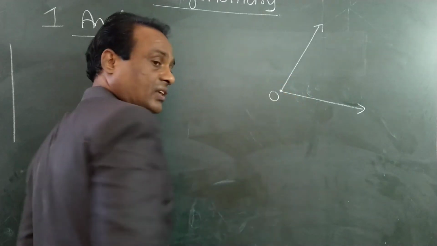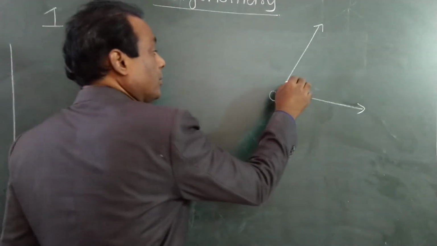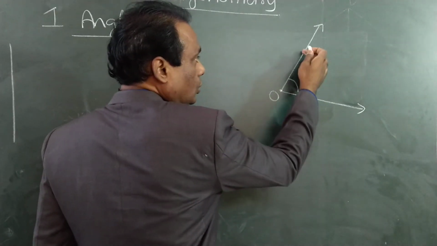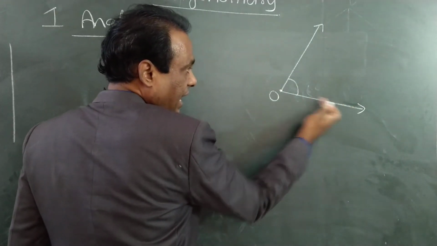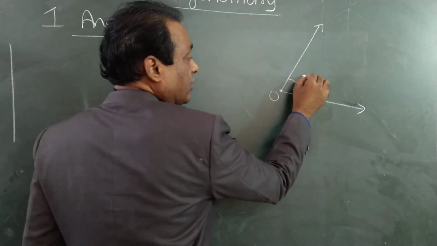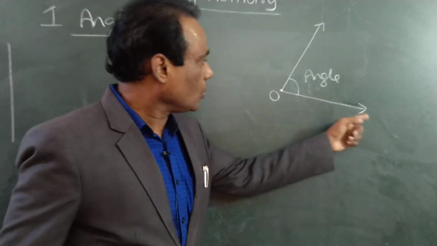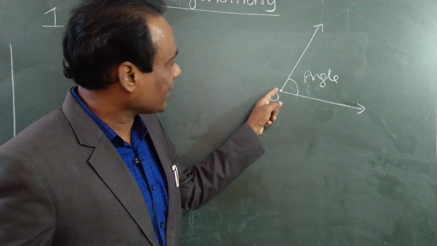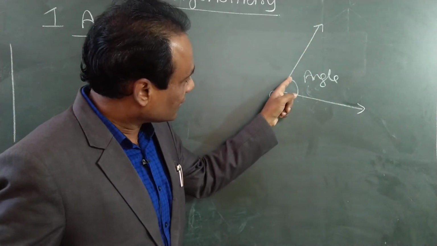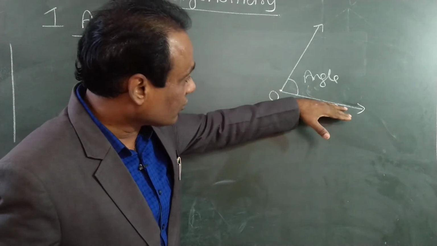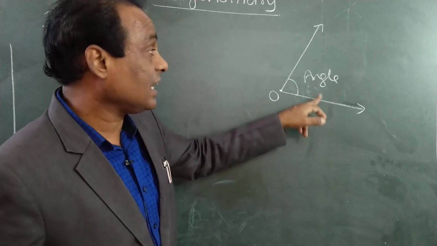Two rays having a common end point form an angle. This is the angle. And these two are called the sides of the angle.